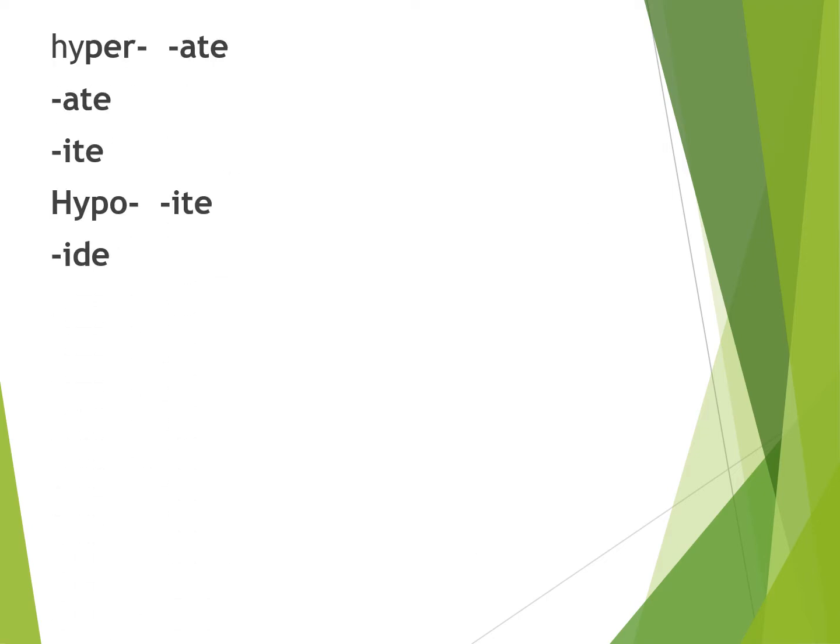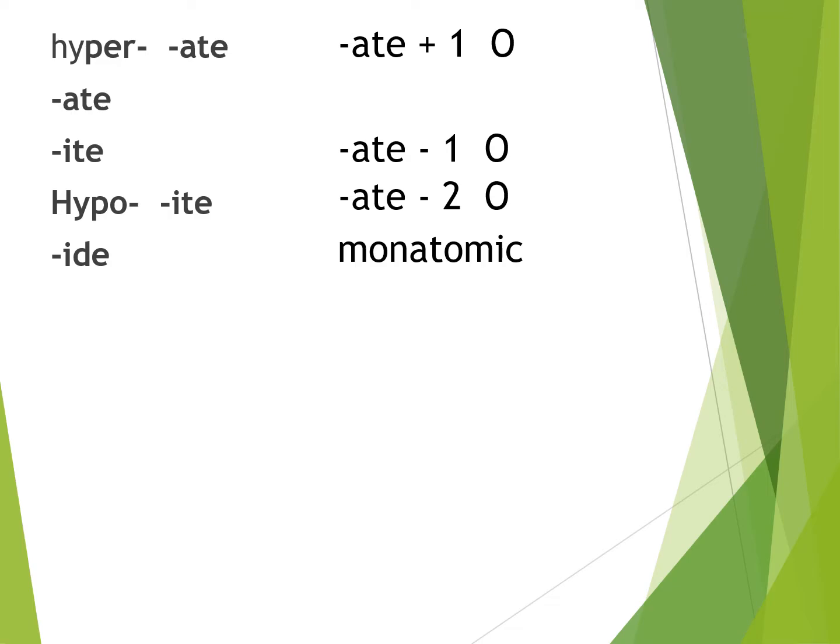Now, the prefixes and suffixes: the "hyper-ate" is +1 oxygen. "Ate" is our baseline. "Ite" is -1 oxygen. "Hypo-ite" is -2. And "ide" is the monatomic. Now, all of those do not always exist, but they start with the "ate" and count off from there.